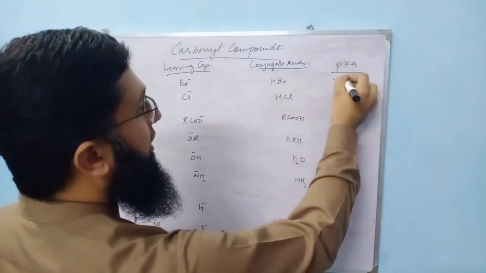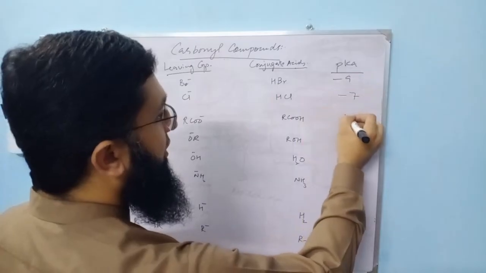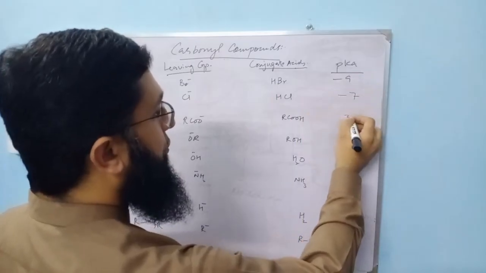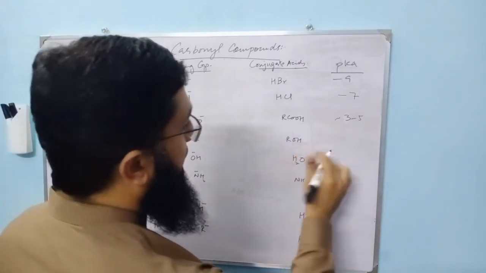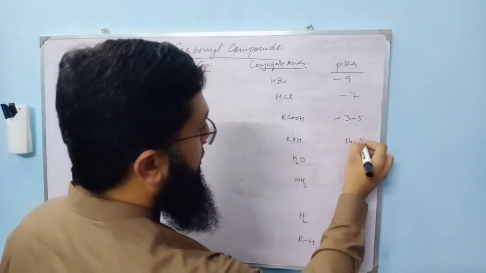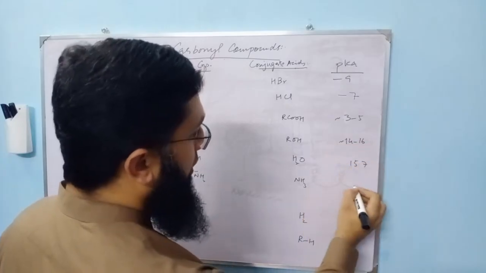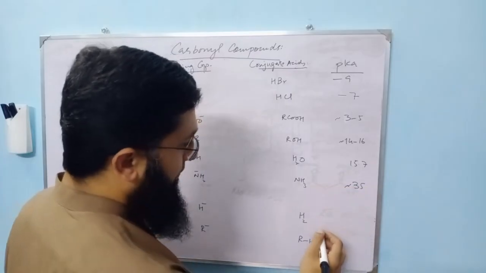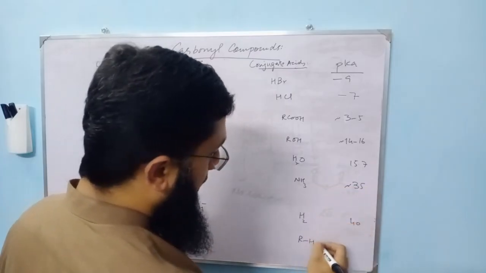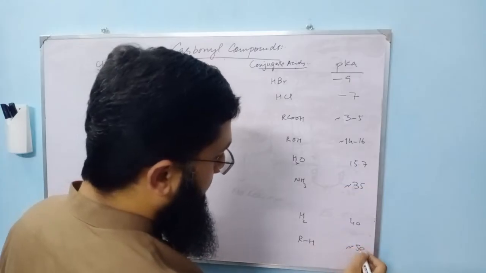For HBr we have -9, HCl -7, carboxylic acid generally 3 to 5 or 4 to 6, and then we have alcohols 14 to 16, water 15.7, ammonia 35, hydrogen 40, and then alkanes generally around 50.